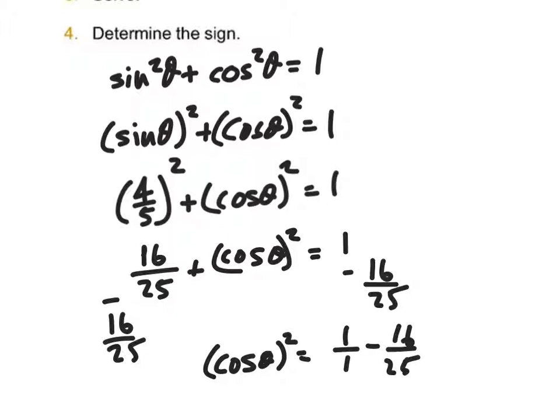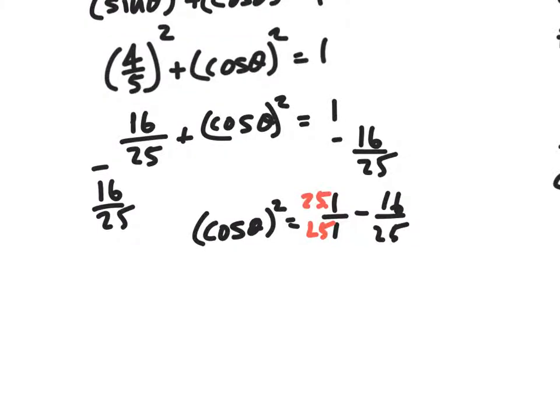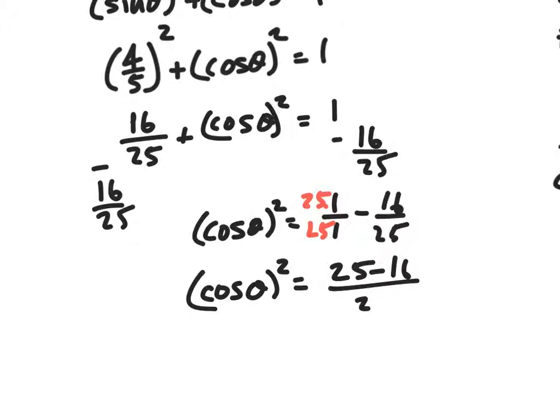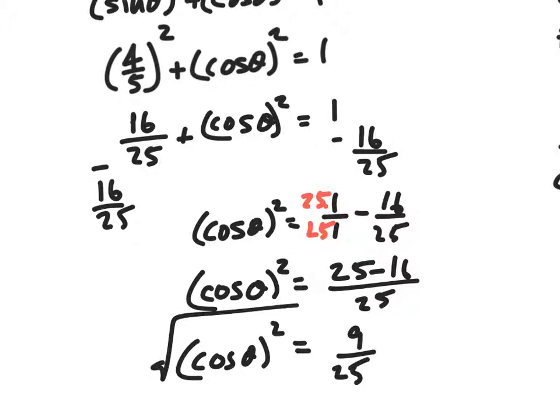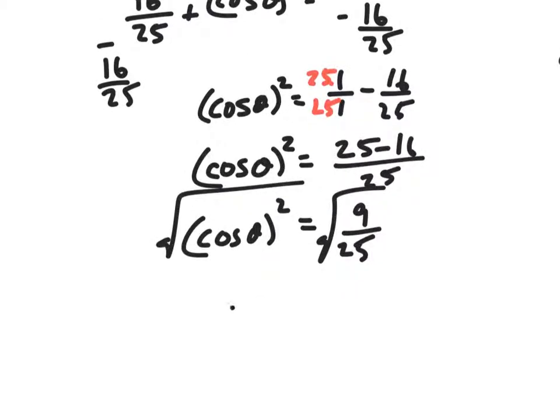Now I'm going to get a common denominator, so I'm going to multiply the top and bottom by 25. So cosine of theta squared is going to equal 25 minus 16 over 25. 25 minus 16 is going to give me 9 over 25. Cosine of theta squared, I'm going to take the square root of both sides to isolate my cosine value. So then I get that cosine of theta is equal to plus or minus 3 over 5.